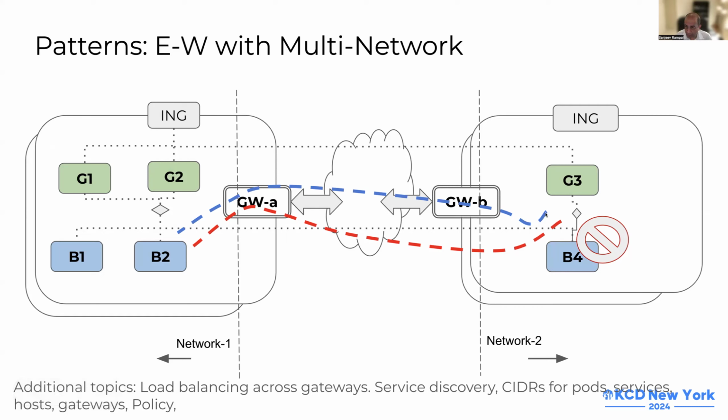So in this case, the Blue path here shows traffic from G3 going through a gateway on the source cluster, possibly getting NATed, and load balanced, and then going through a gateway on the selected destination cluster, and then finally getting locally load balanced to an instance on the destination cluster.